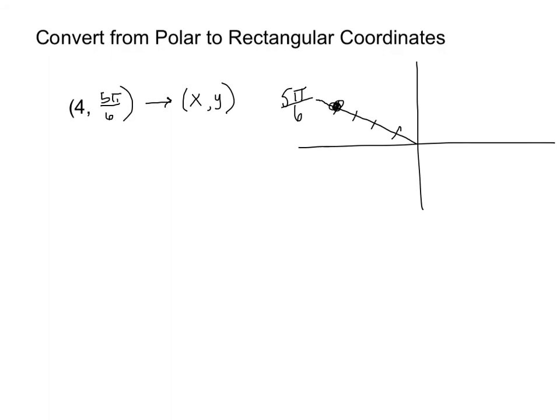All right, so I'm making note that this is in the second quadrant, where cosine is negative and sine is positive. This is cosine, this is sine, second quadrant. So when I write my rectangular coordinates, I know that the x is going to be negative and the y is going to be positive. That's what I want to end up with.